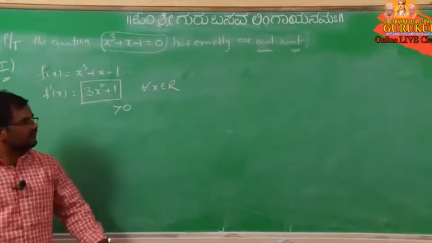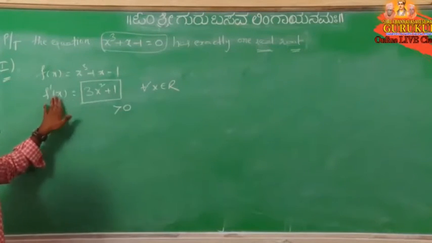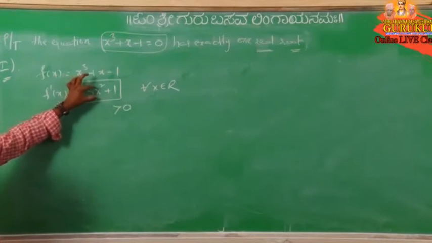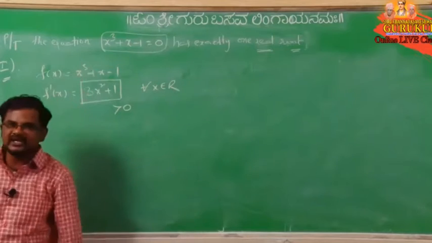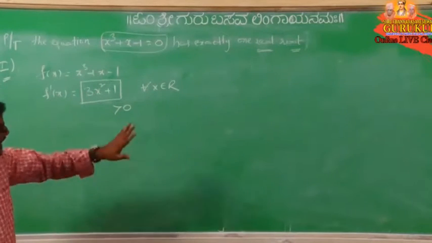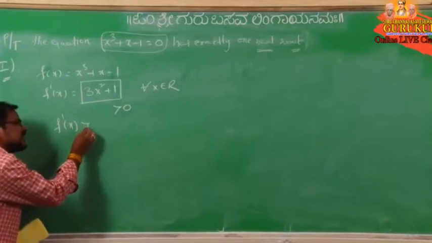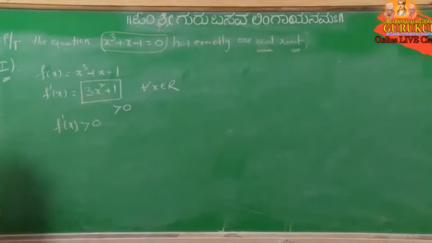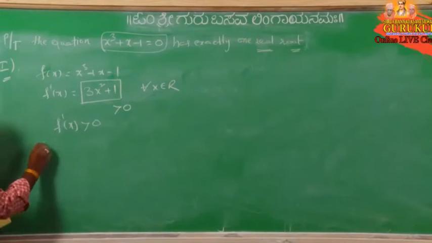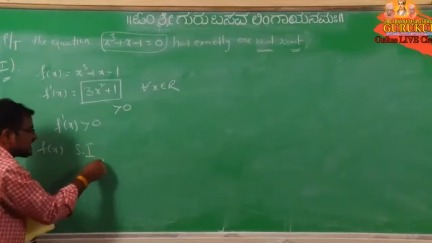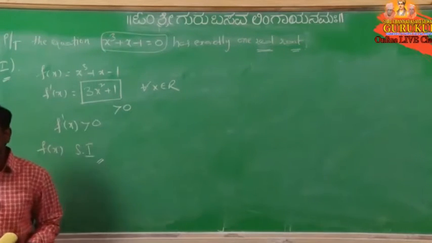No. For all x belonging to real numbers, f dash x is greater than 0, because whether x is negative or positive, the square makes it positive. So by this example, f dash x is greater than 0, which means the given function f of x is strictly increasing.